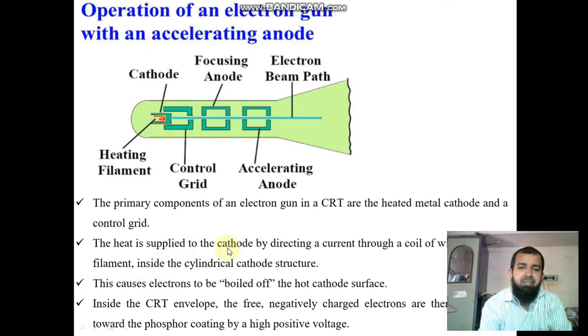The heat is supplied to the cathode by directing a current through a coil of wire called the filament, inside the cylindrical cathode ray structure.